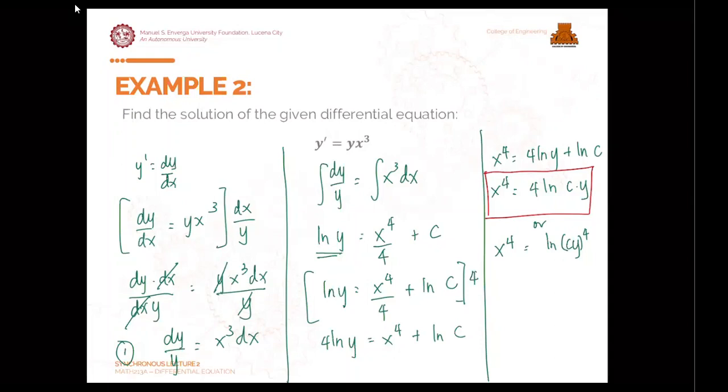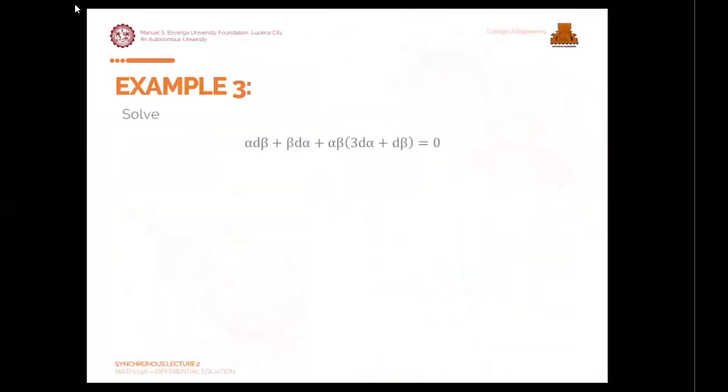Okay? May question, interrupt nyo lang ako, ha? Next, we have this third example. So alpha d beta plus beta d alpha plus alpha beta times 3 d alpha plus d beta is equals to 0. So kailangan, combine lang natin yung terms.